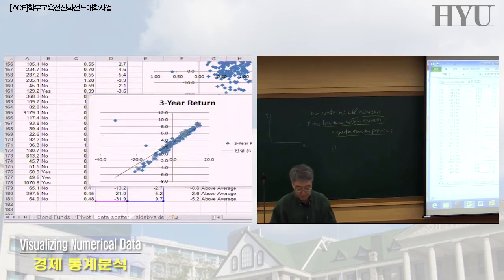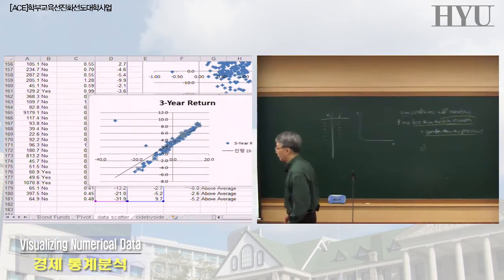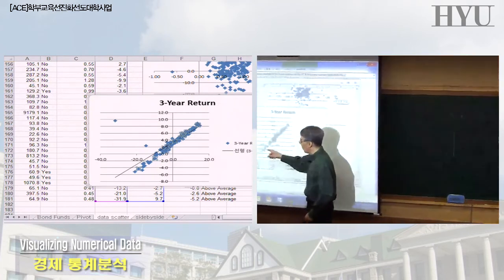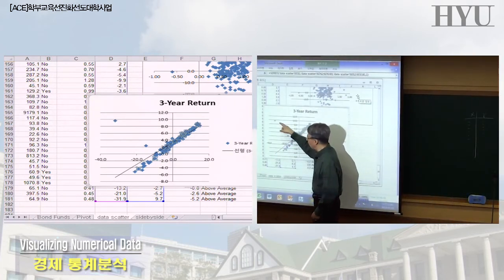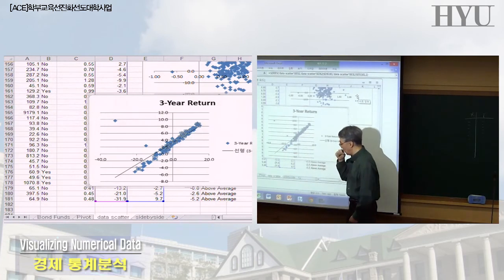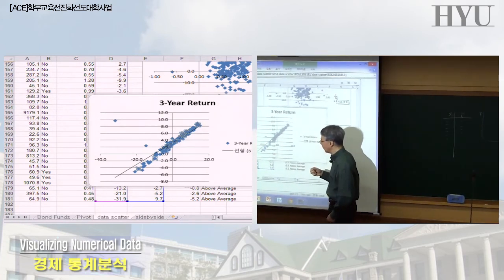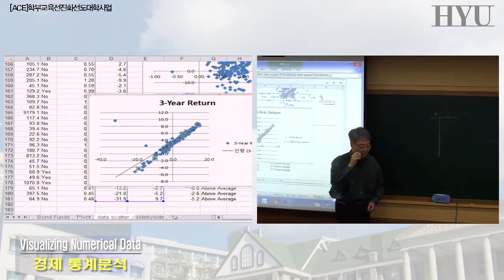Right. So Excel quickly calculated the best fitting line and showed you this trend line. This is slightly above the data points because we have this outlier on top, right? So it shows the trend line, okay?